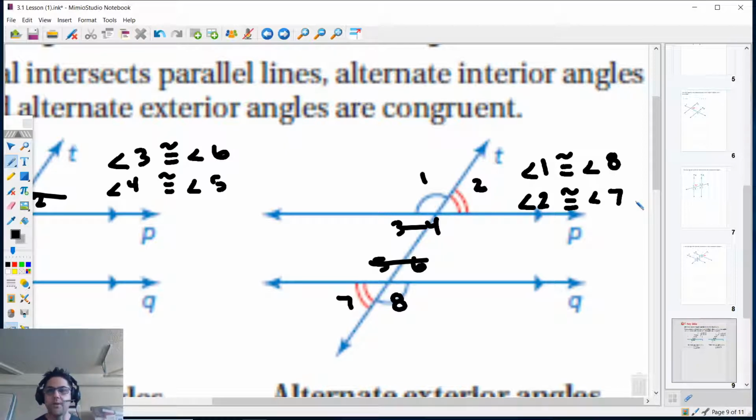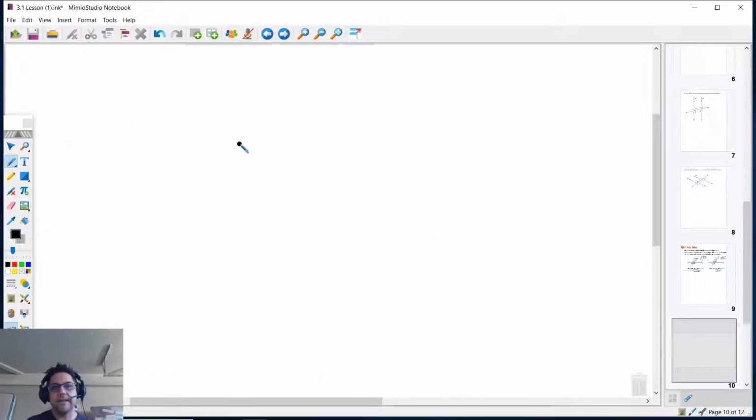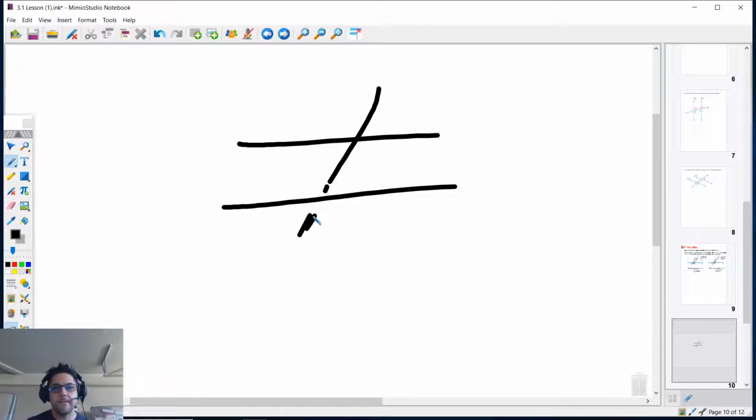Oh, except for one quick idea. It's really from 7th grade. If you remember, let's say we've got our transversal here like this. Let's label 1, 2, 3, 4, 5, 6, 7, 8.